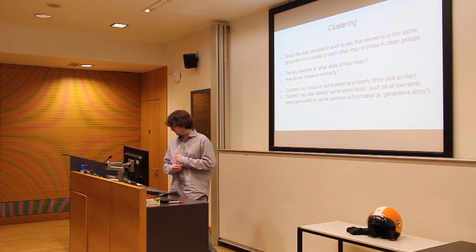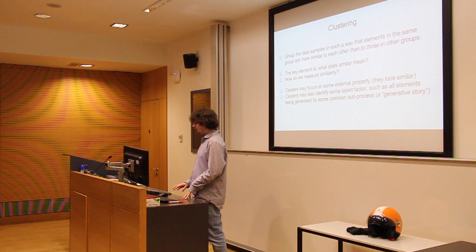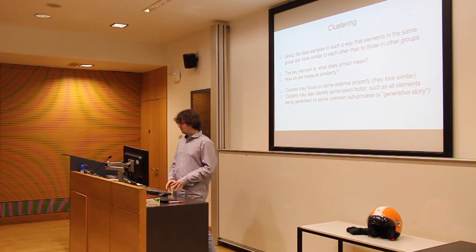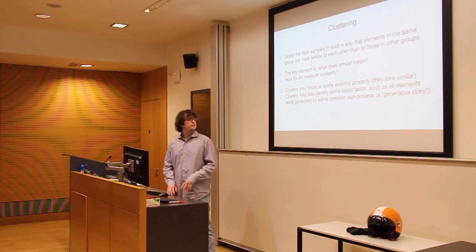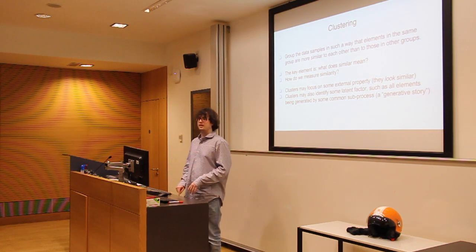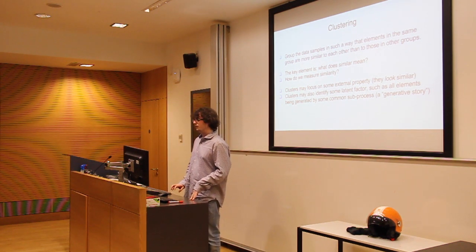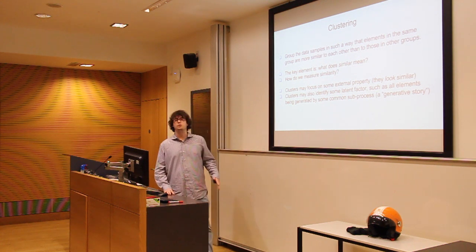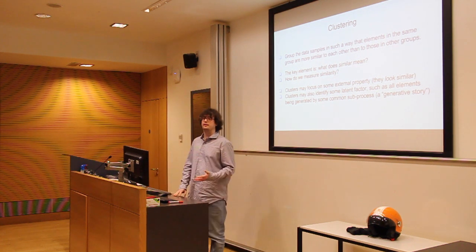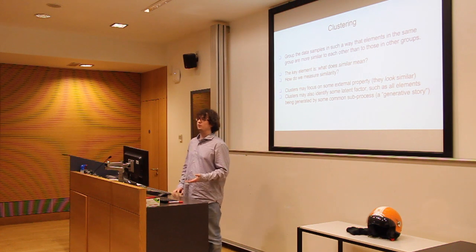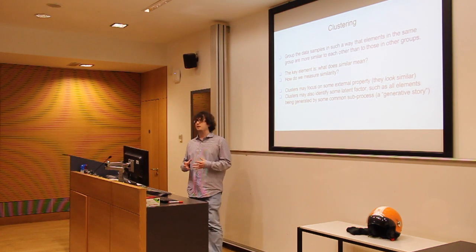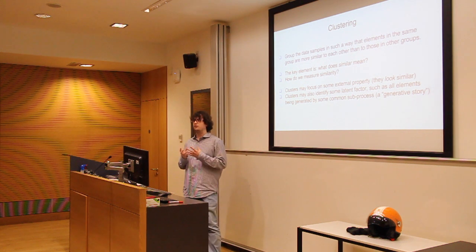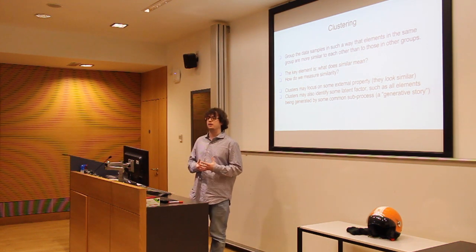So clustering. As we said, clustering is the problem of finding groups, subgroups, in your data. This has many practical applications. One example I would like to make is customer segmentation. In marketing, you might have a lot of data which represents your users, your customers, and you might be interested in finding if there are segments, clusters, and subsets of your users which share some characteristics.